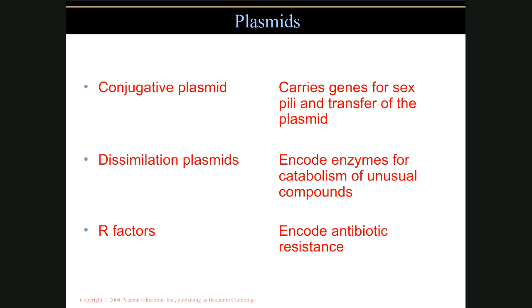So when it comes to plasmids, we can group plasmids into 3 different categories. Our conjugated plasmids, like the F plasmid, a dissimilation plasmid, which is just a plasmid that's got genes that allow a bacterial cell to use different substrates for energy, and the R factors. And R stands for resistance.